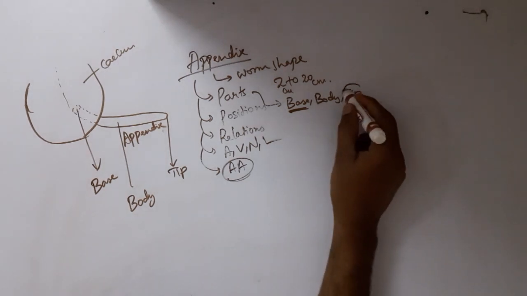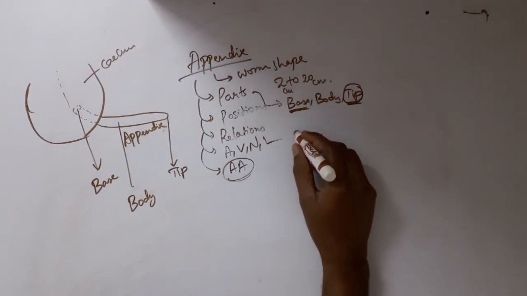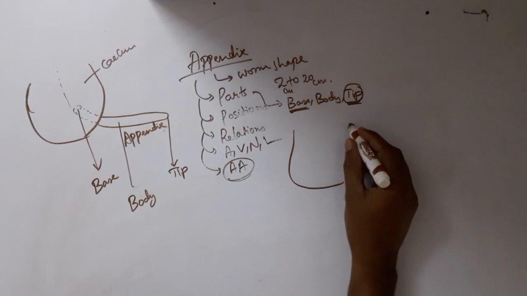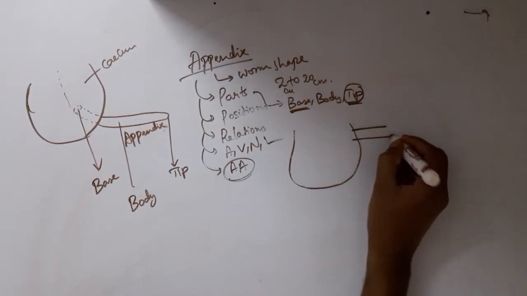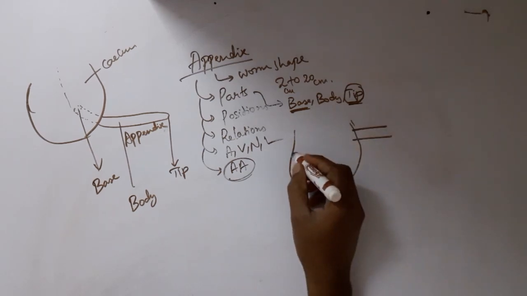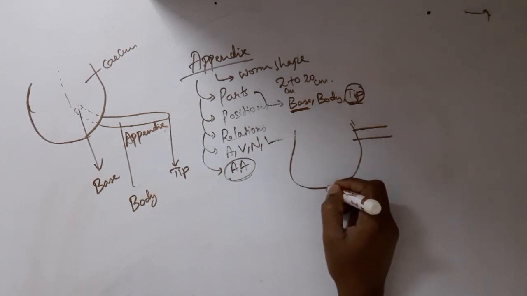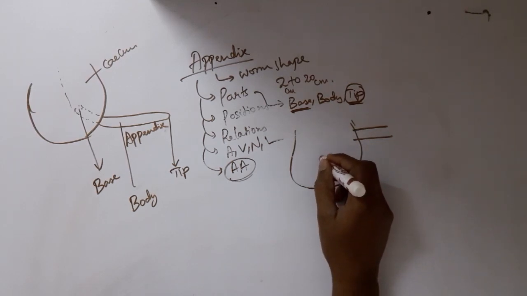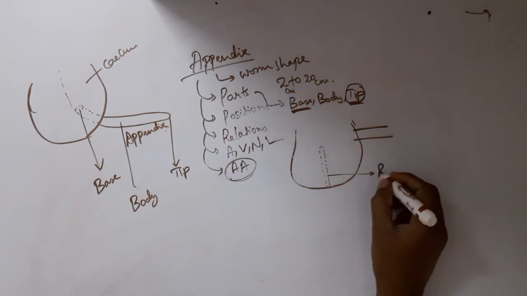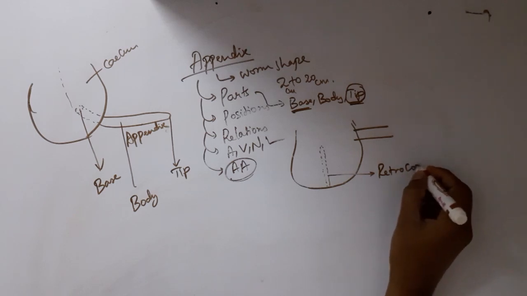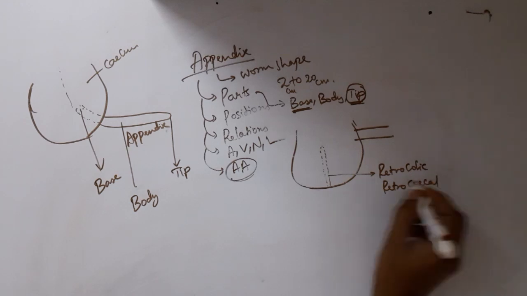Based on the position of the tip we have different terminology. What are the different terms? This is the cecum and this is the ileum. The appendix may be in different positions. One thing is the appendix may go behind into the retrocecal part, so we call it the retrocolic or retrocecal appendix.